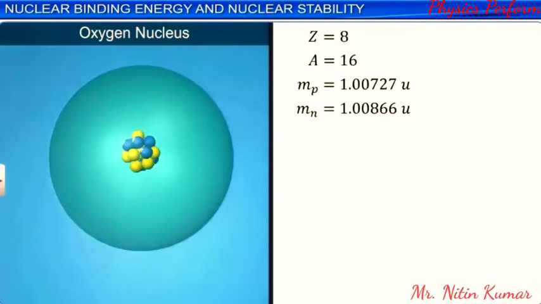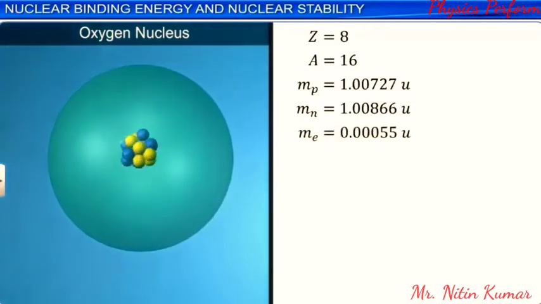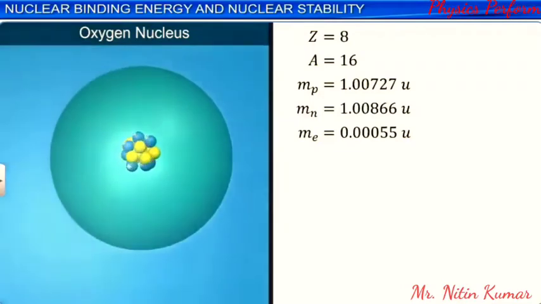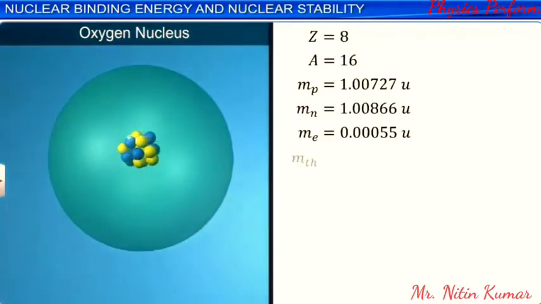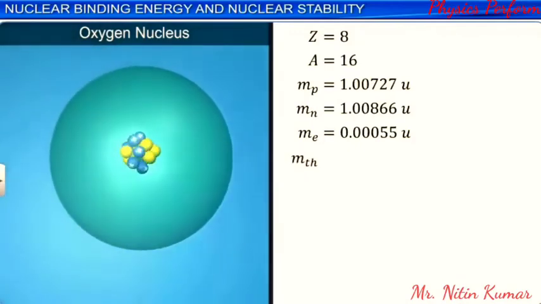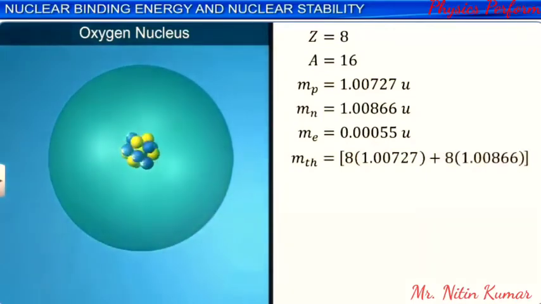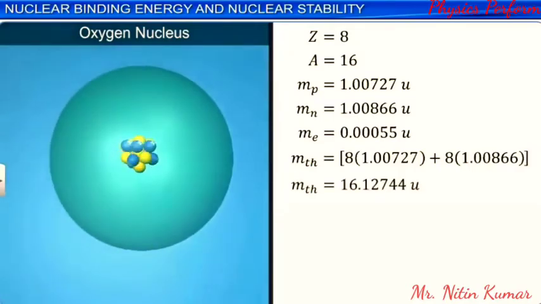The total mass of the constituents of the oxygen nucleus is the sum of the masses of 8 protons and 8 neutrons put together, and this is equal to 16.12744 AMU. Theoretically, this is the expected mass of the oxygen nucleus.